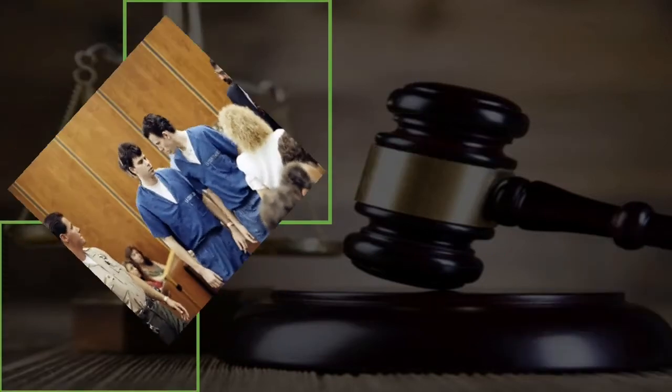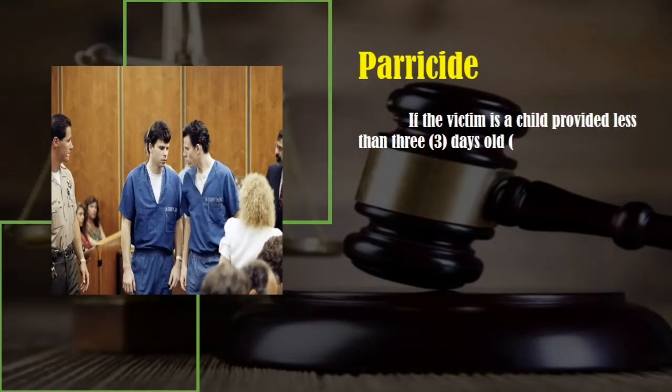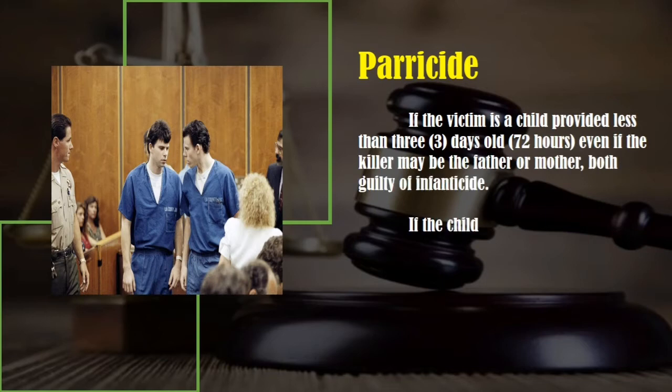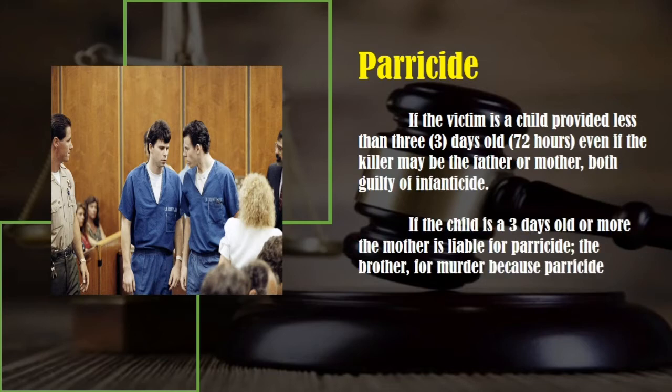The next crime, class, is infanticide. This is if the victim is a child less than 3 days old or 72 hours, even if the killer may be the father or the mother, or both are guilty of infanticide.